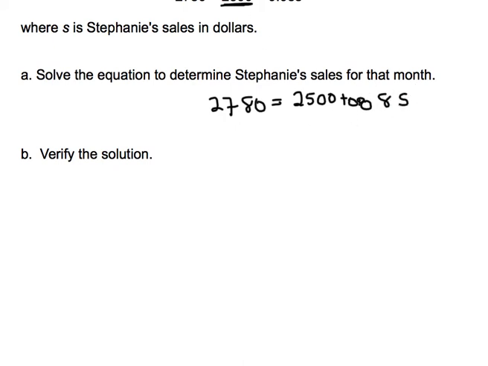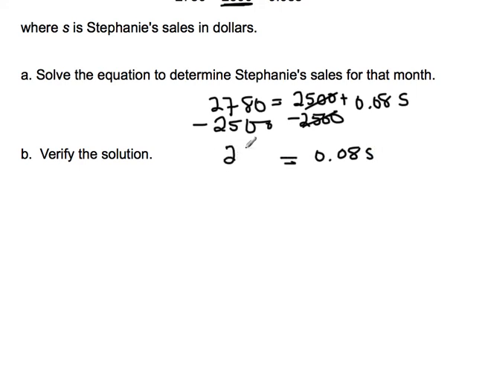Let me just erase that because that doesn't look very right. 0.08. There, that's better. So I'm going to zero out my 2,500. Those two cancel out to give 0.08S is equal to 280.